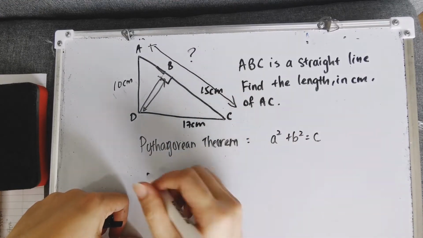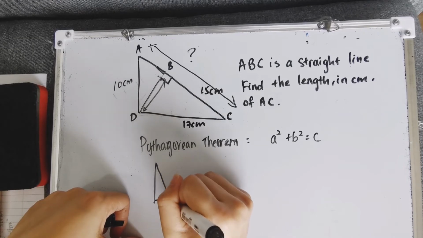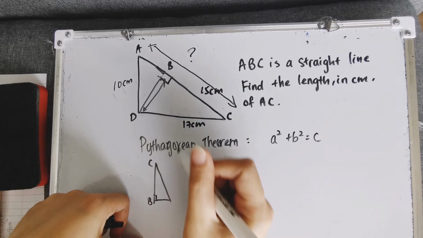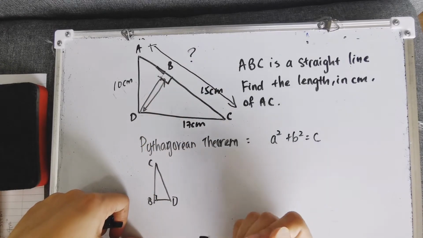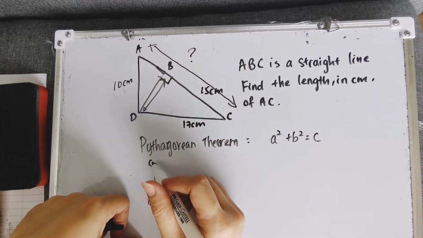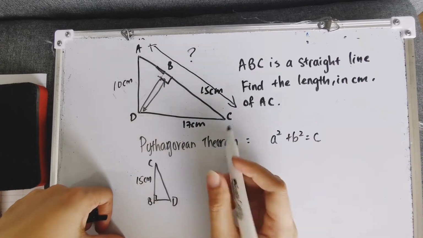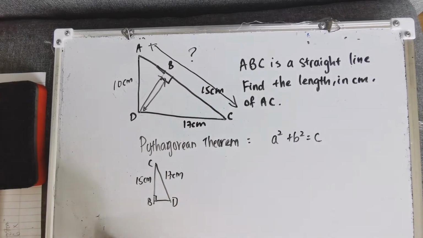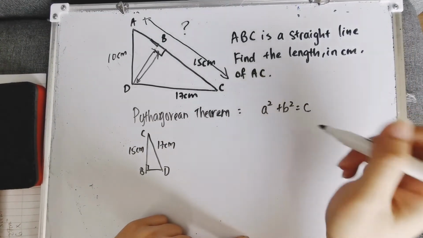So this is C, this is B, this is D. BC is 15, DC is 17. So we fill in everything.